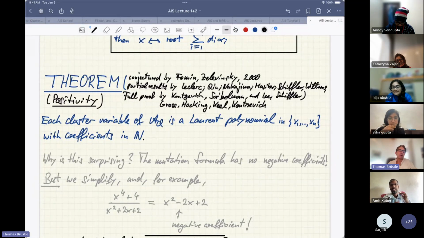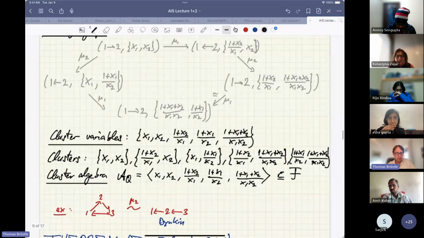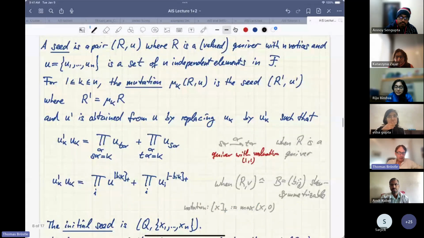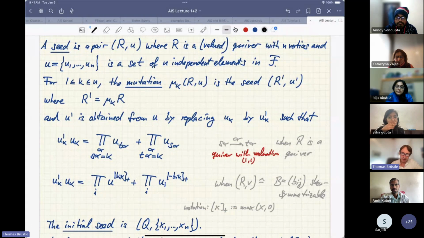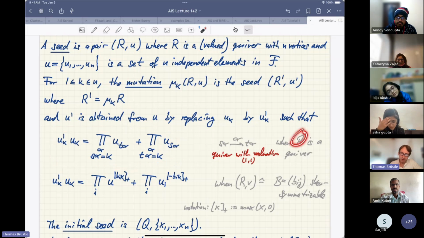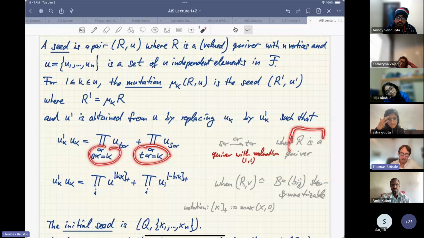Amit, good question. I mean, why we verified they come up with a complicated rule, a complicated recursive rule. And in the recursion process, in this formula, the quiver or the matrix enters because we compute which arrows appear in the quiver, but the quiver is also changing.